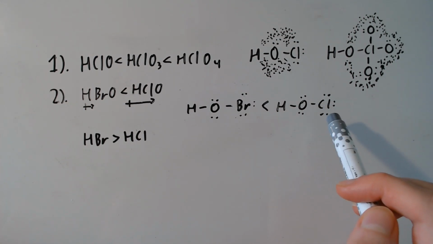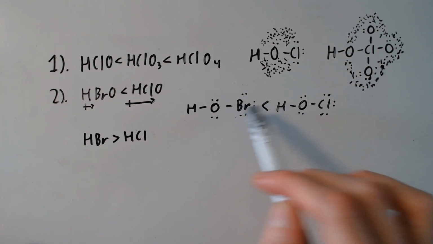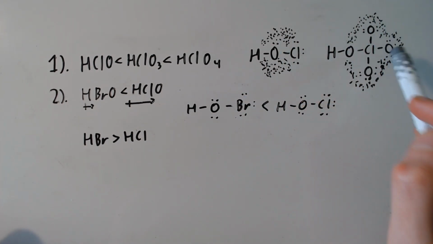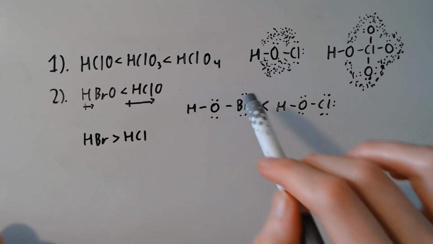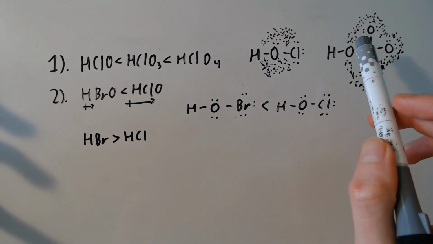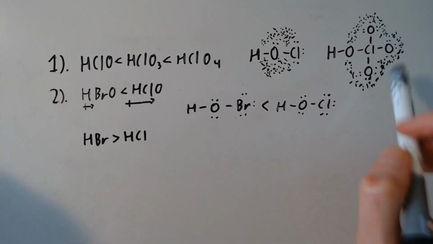And here's the difference. The effect of the increase of electronegativity of this atom is not as great as the effect of adding additional oxygens. Because here, yes, we did increase the electronegativity of this atom, but that's not even close to adding a bunch of extra strongly electronegative elements.